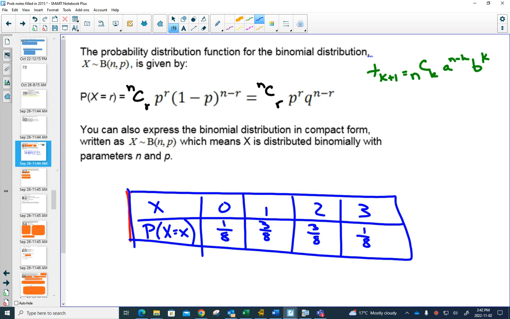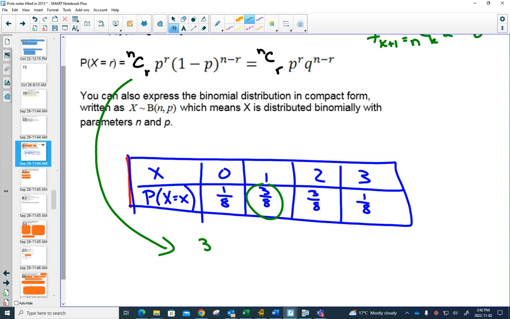But what this formula is telling us is that we could figure out, for example, this one right here using the formula. The probability that you would get 1 heads would be 3 choose 1, right? Because you're getting 1 head. So r would be 1. 3 choose 1. The probability of getting heads is 1/2.